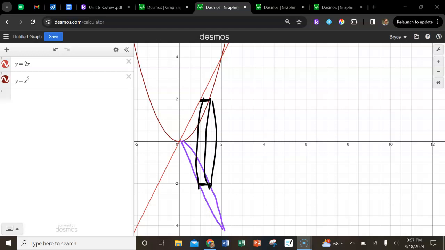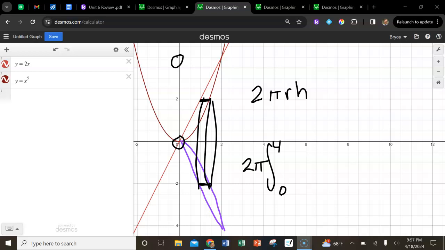Okay, so for the cylinder, it's 2 pi RH. 2 pi RH. So I got to figure out the radius and the height of this. Well, if my rectangles are laying down, then when I write my integral, those bounds have to be the y values. So in my original region, that would be 0 to 4. I'm going to have the 2 pi out front.